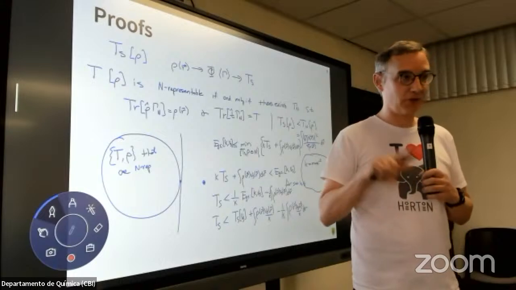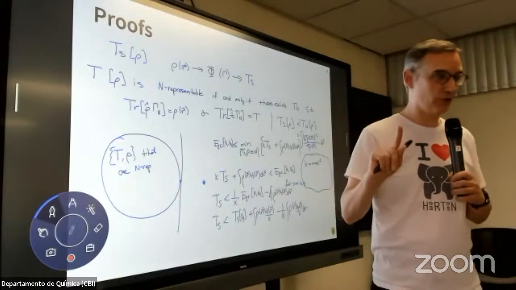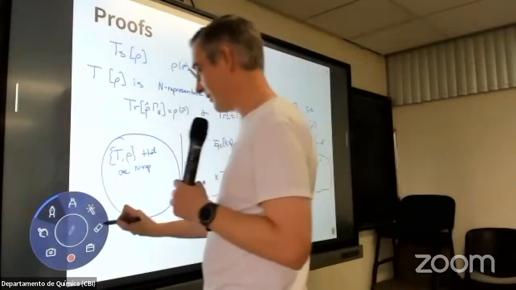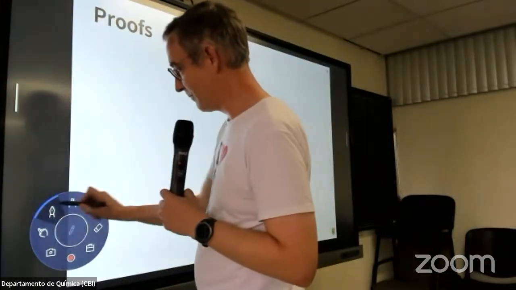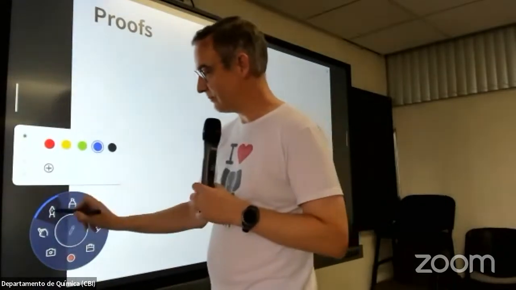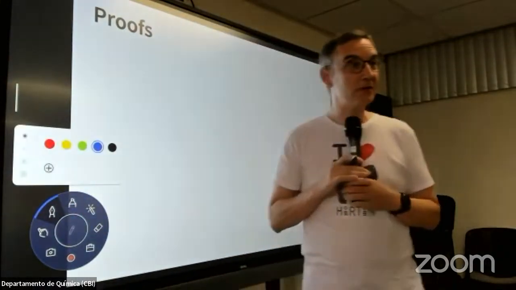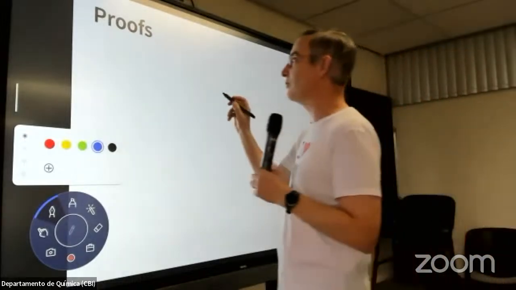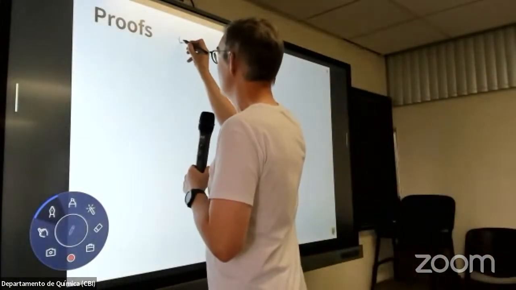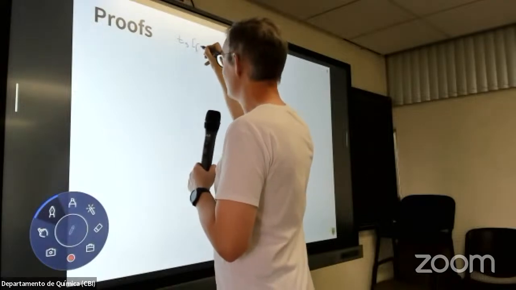Now I'm going to play a little bit more interesting game here, a game that I think people are less used to seeing. So I'm going to do something different from this. I'm going to try the same thing, but instead of doing TS, I'm going to do the local kinetic energy.